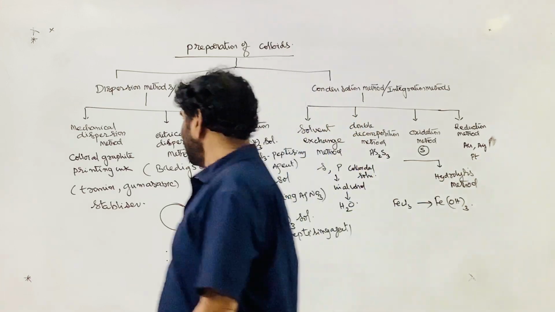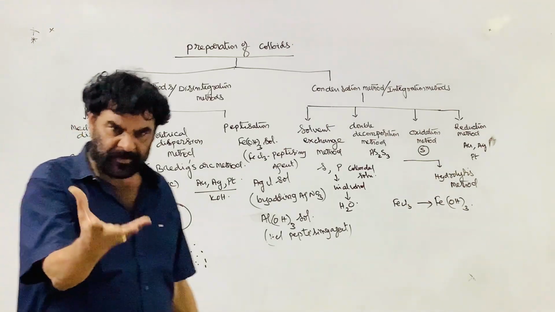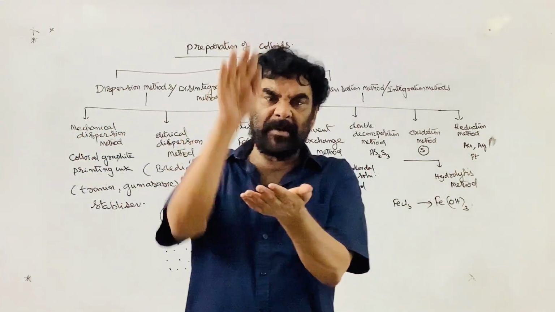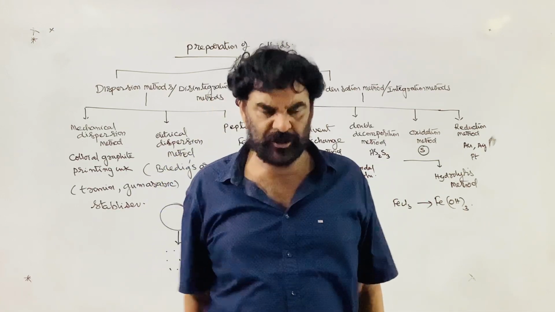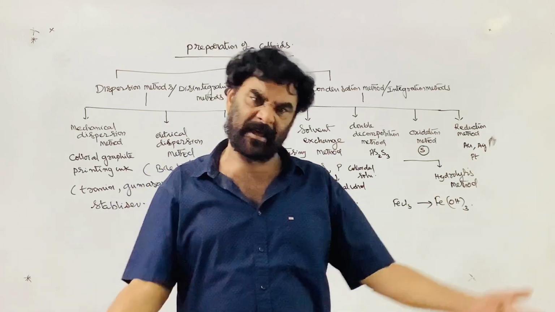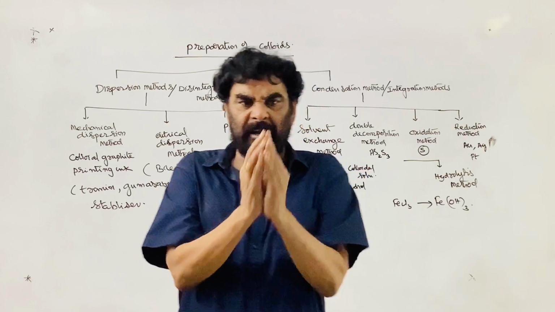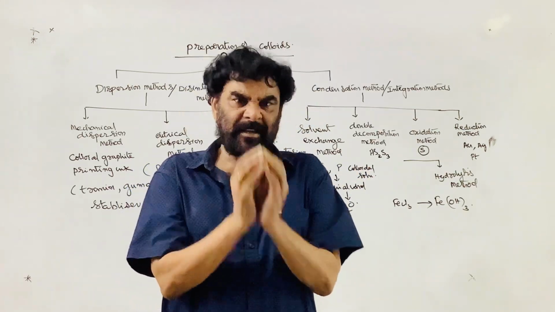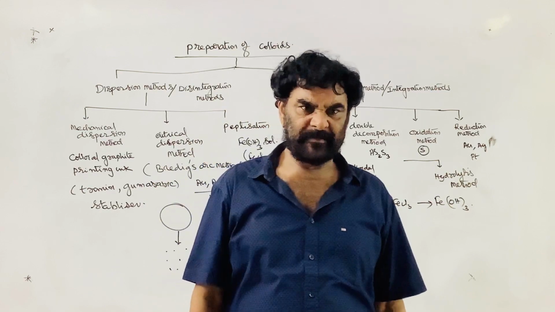But now what they do is, the carbon powder is mixed with a suitable solvent in which the colloidal solution is to be prepared. It may be water or any organic solvent. So you are preparing a slurry of the material with a suitable solvent.